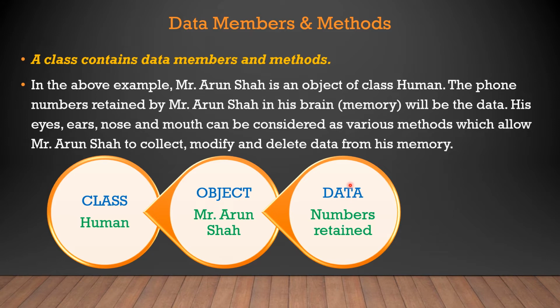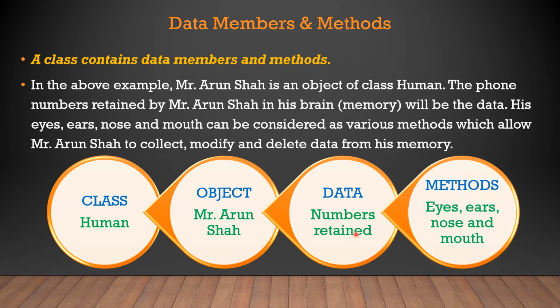So anything processed or retained by the memory will be the data. Here we have taken the example of phone numbers. The phone numbers retained by Mr. Arun Shah in his brain memory, meaning by the memory of the object, will be the data.